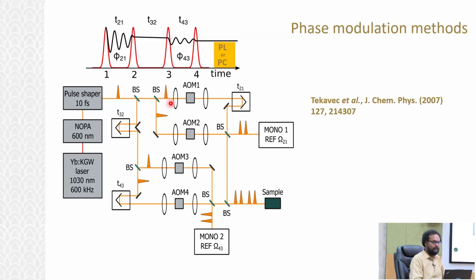You send them through two acousto-optic modulators, and then you also delay one pulse with respect to the other and you combine them. Keep that in mind. There is some acousto-optic modulation in a Mach-Zehnder interferometer and a time delay added to it. Let's come back to it in a while.